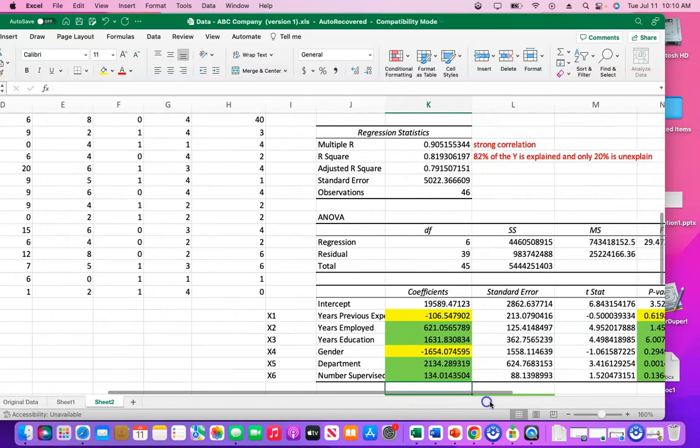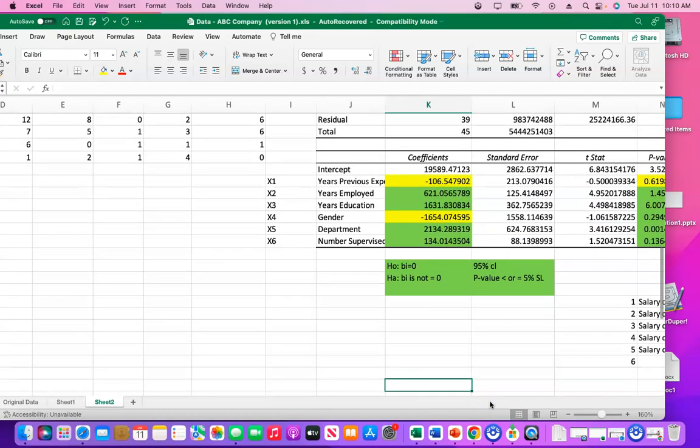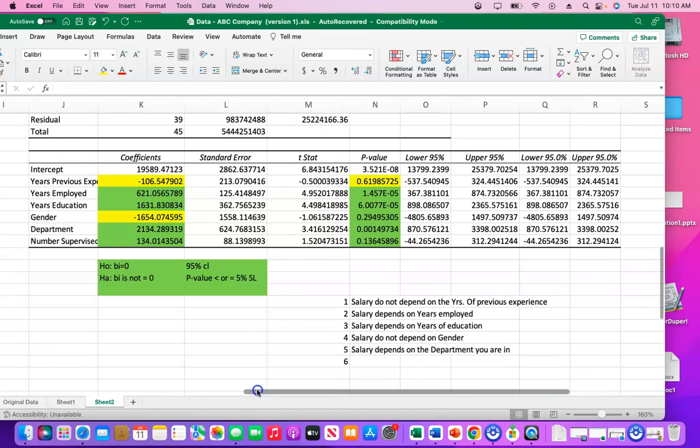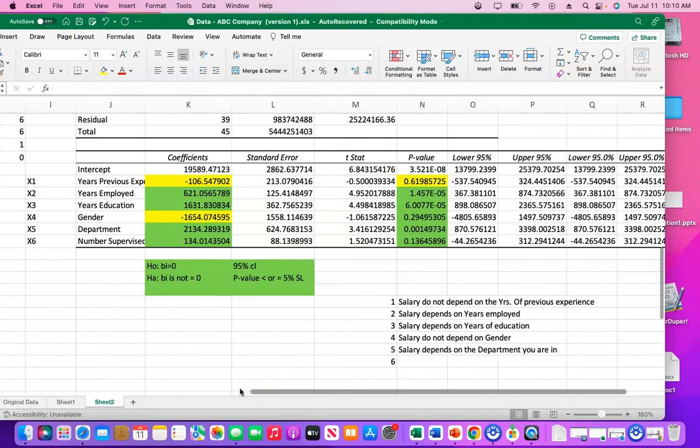We did the analysis here, and we saw that salary does not depend on the gender. Whether you are female or male, the salary is all the same. And also, for the department, we saw that it all depends on which department you are in. And we could say so because of this probability value, which is less than or equal to 5%.